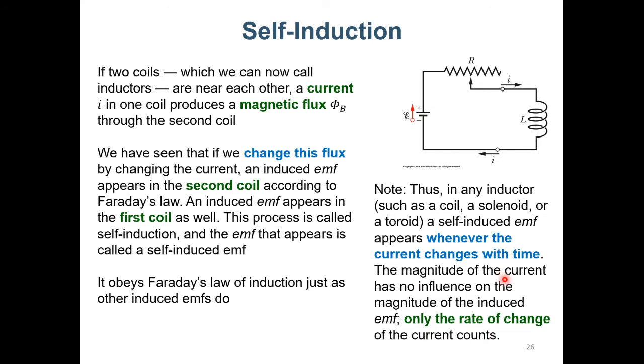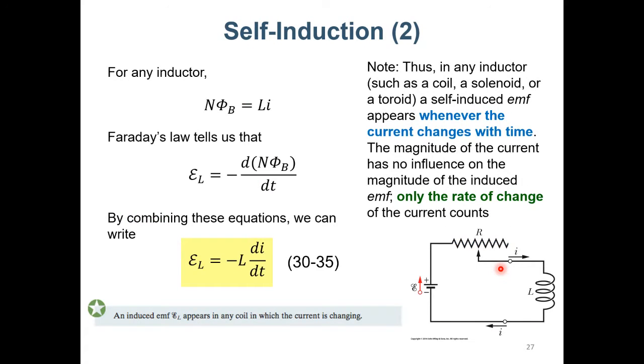Yeah, so it would be somehow like this. We can quantify it with the magnetic flux equals L times I. Suppose this I is a constant.